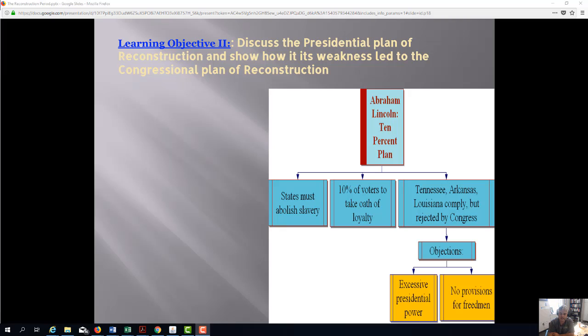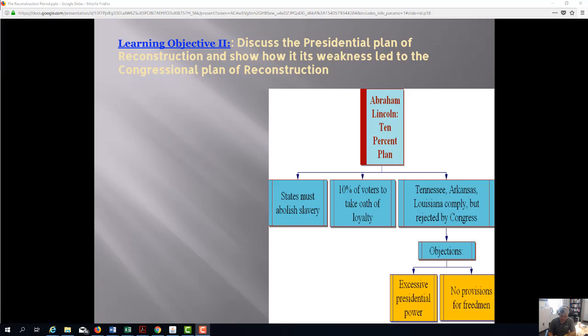Tennessee, Arkansas, and Louisiana complied, but later Congress is going to reject this. So basically only three states are going to comply with Lincoln's so-called 10% plan. And when Congress takes over the process of Reconstruction during the second phase, those are going to be thrown out anyway.